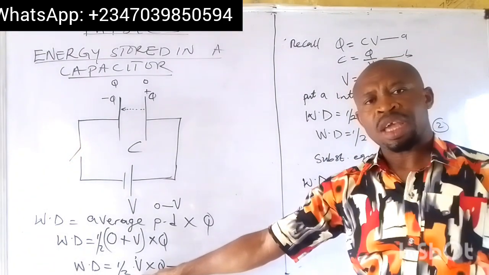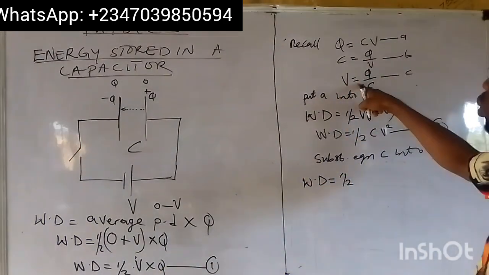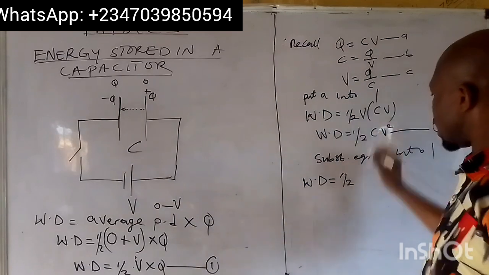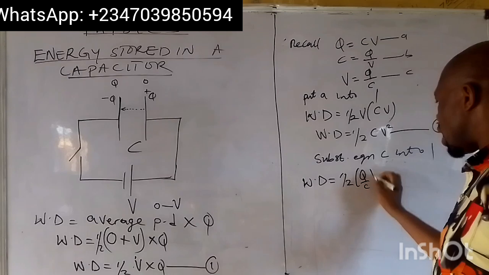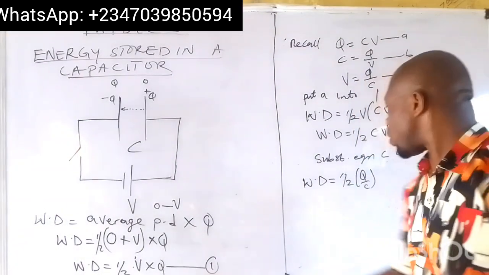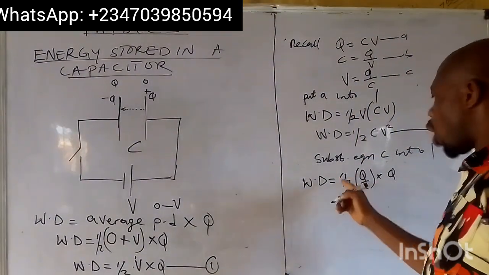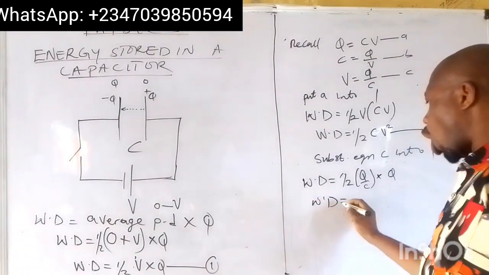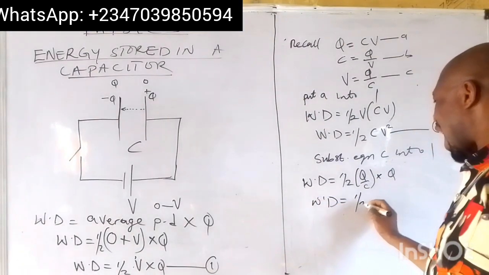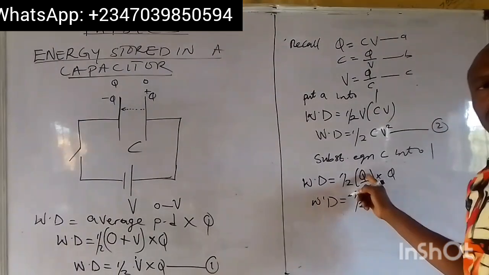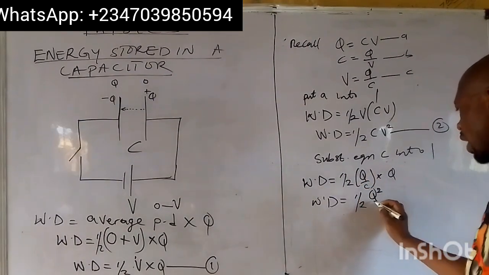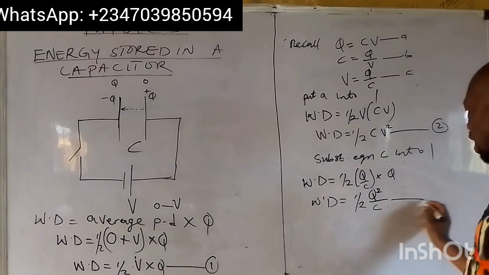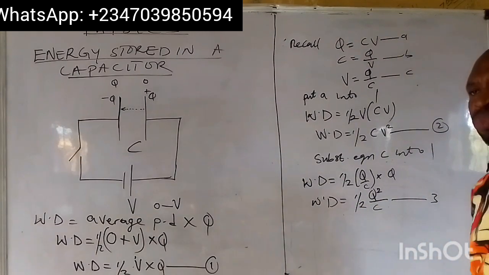In place of V, we put Q over C. So we can put it in bracket, Q over C, multiplied by Q. Now if you open this bracket, you have that work done is equal to half Q squared all over C. Now this is equation 3.